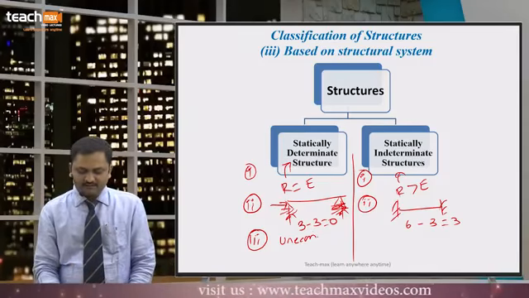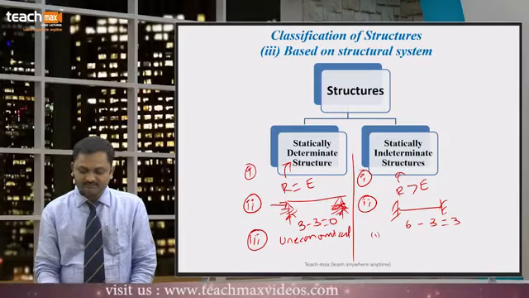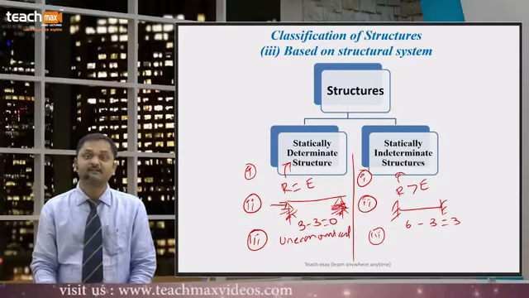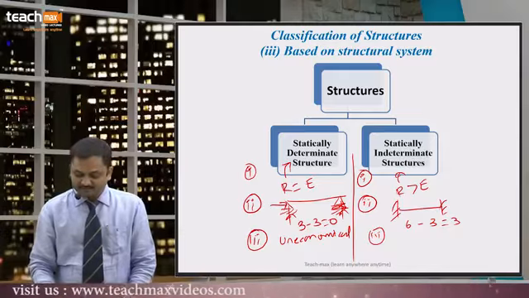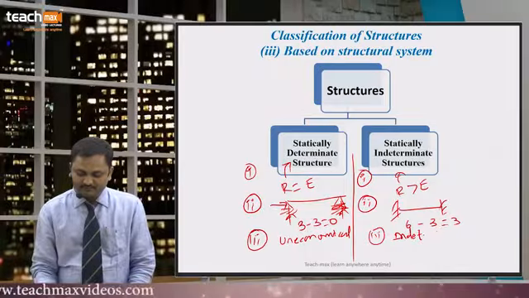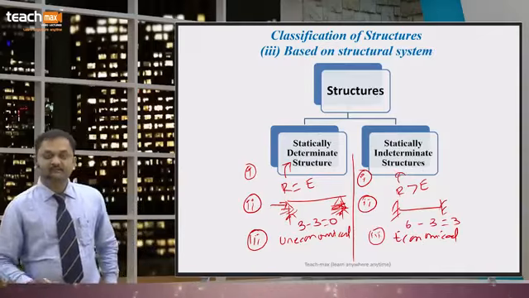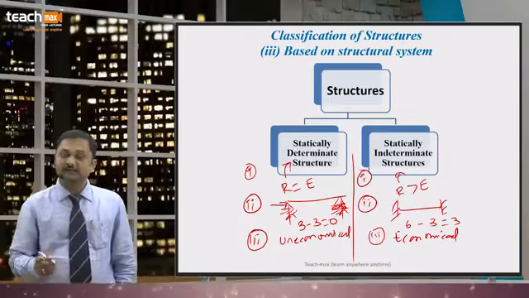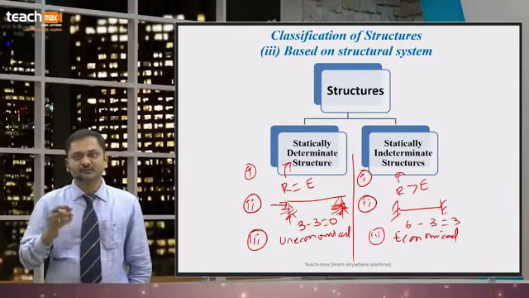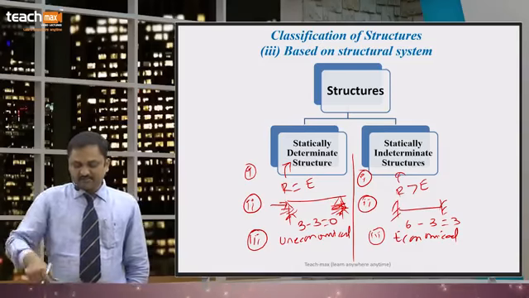So practically all civil engineering structures are statically indeterminate. Here they are economical, definitely, and safe, we can say. Of course, determinate structures are also safe, but practically they are very difficult to prepare. That is why we say uneconomical.